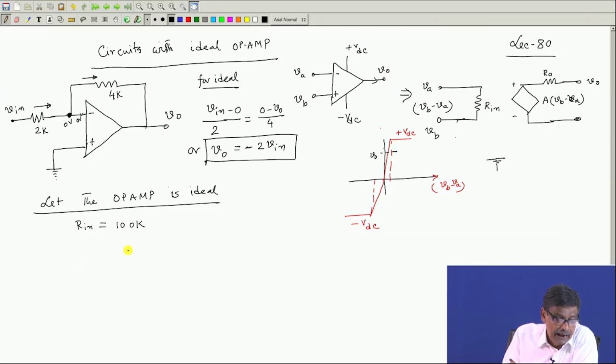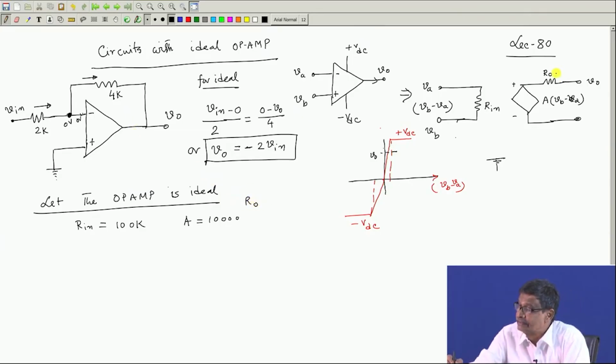Okay. And gain is suppose 10,000. Quite large gain. And let us assume R naught, the output resistance, is 0.